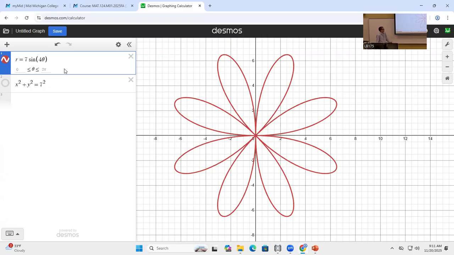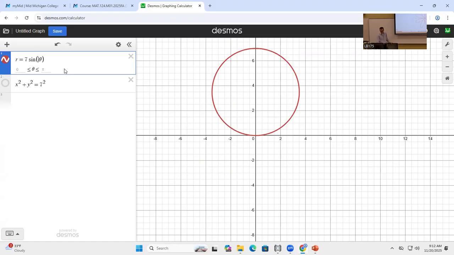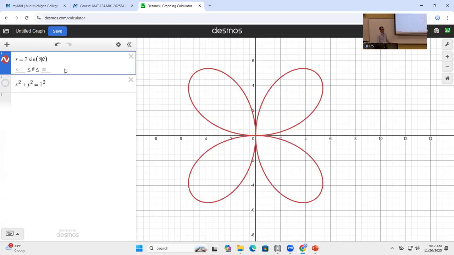Yeah, when I have an even coefficient on my theta, I end up with 8 petals. So the even and the odds work differently, and that has to do with the period of sine and cosine being 2 pi. All right.